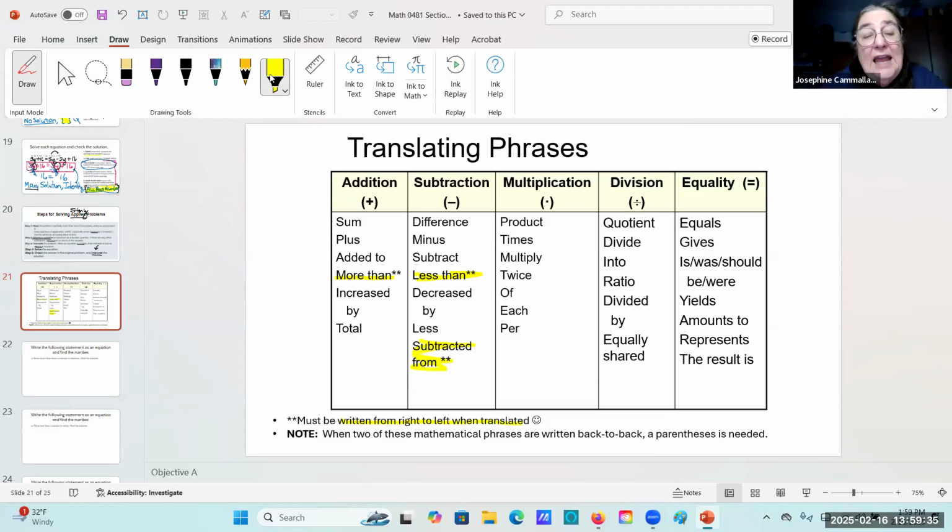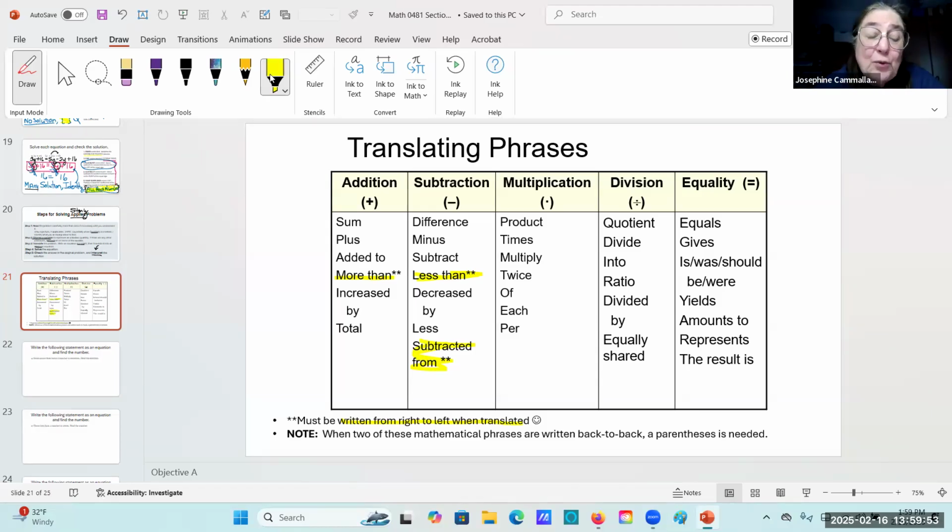And as I mentioned, these phrases come from our Asian relatives on the globe Earth. We have mathematics as a universal language. Every culture has given us something.